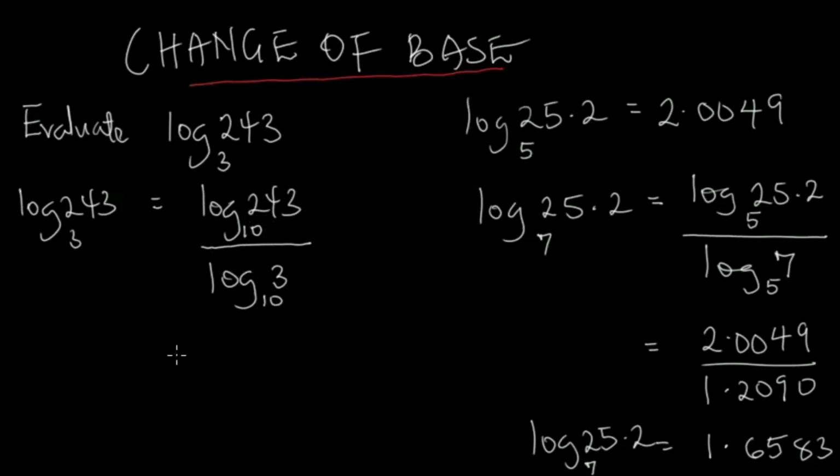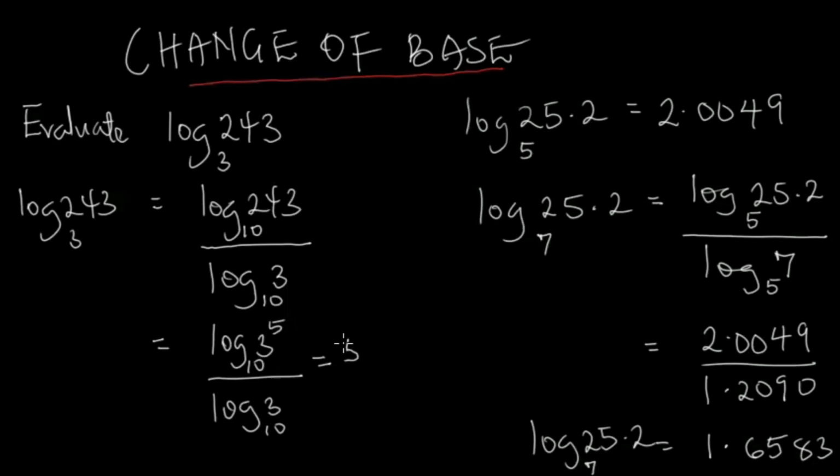To evaluate this without using a calculator, we write 243 as 3 raised to power 5. So we can write this as the log of 3 to the power 5 base 10, all over the log of 3 base 10. Now from one of the laws of logarithm, we can bring down 5 as a coefficient.